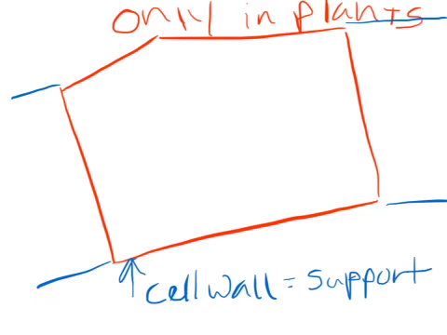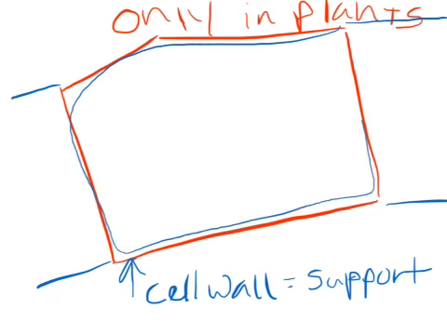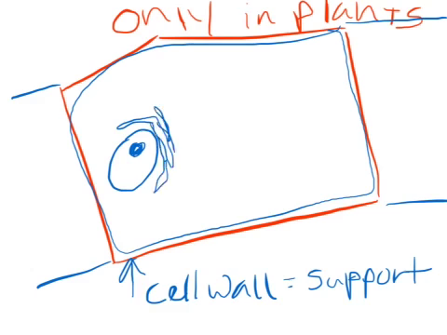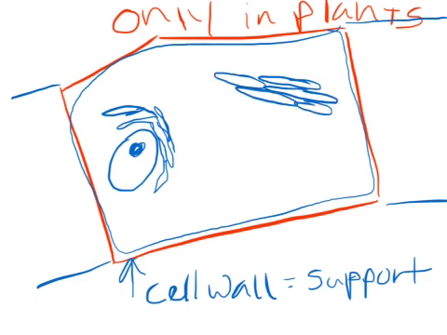Within the cell wall, though, the plant cell still has a cell membrane that goes on the inside of the cell wall. So it still has a cell membrane, still has a nucleus, still has an endoplasmic reticulum that goes around the outside of the nucleus, still has a Golgi apparatus, still has mitochondria.